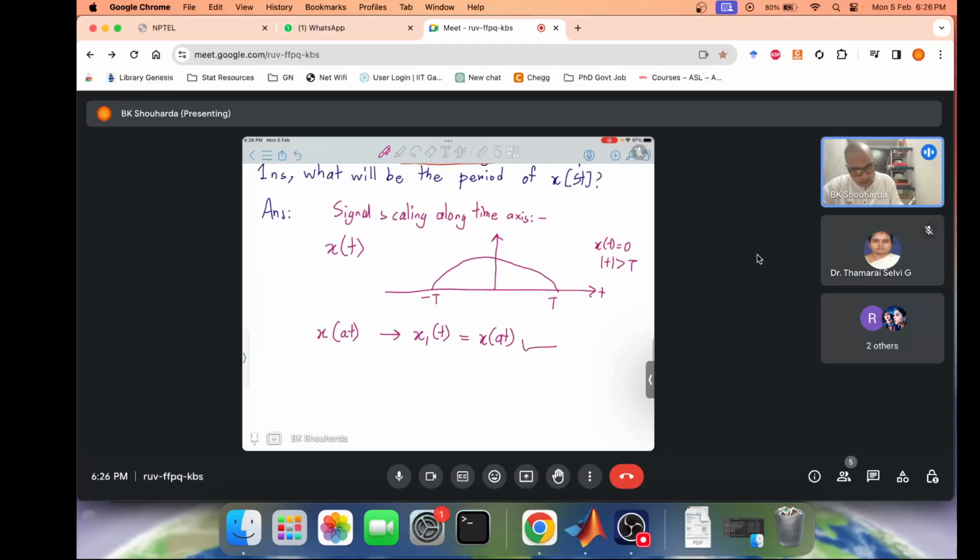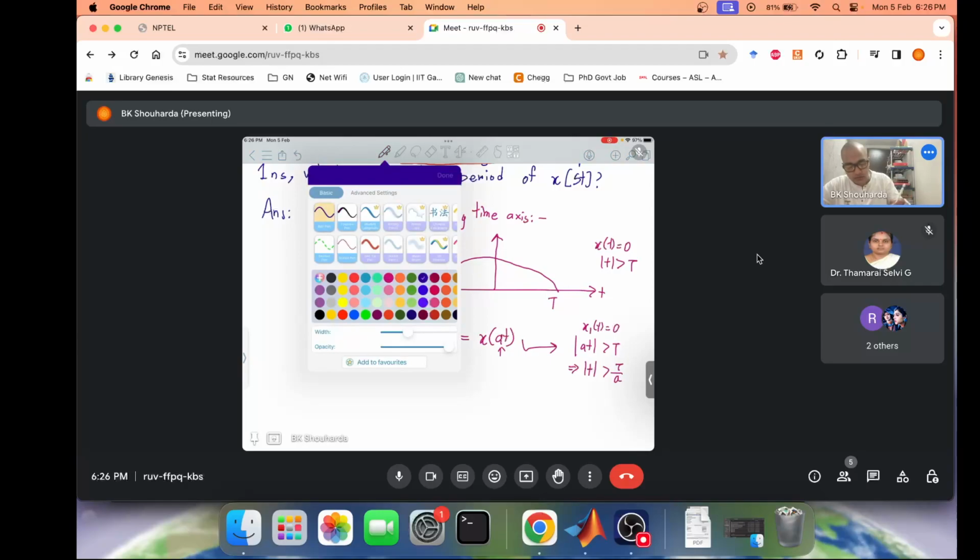We also want to ensure that the signal remains conserved, so we put this argument's modulus greater than capital T. That means for this signal to be 0, it should happen for mod of t greater than T upon a. So how would it look like?